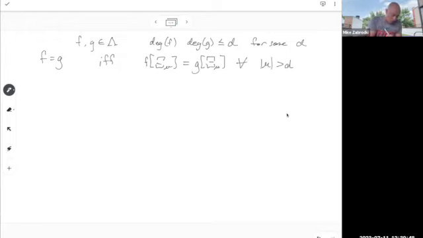So I'm going to call this also star, but a different star.